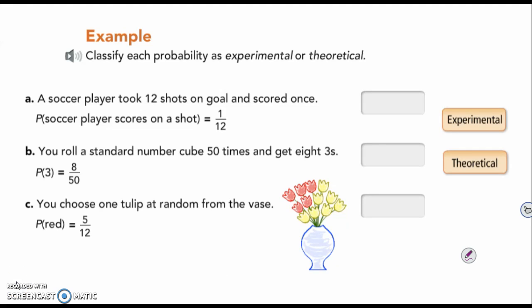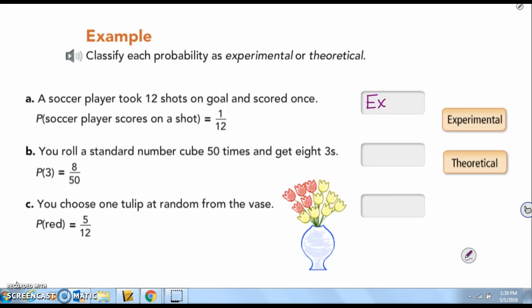Letter A should be experimental probability. With this problem, we're looking at a soccer player that took 12 shots and scored 1. So the probability that that one soccer player scores on a shot being 1/12 is experimental.